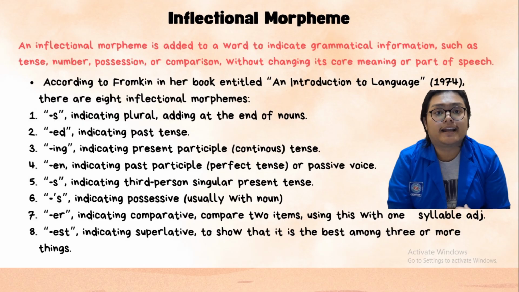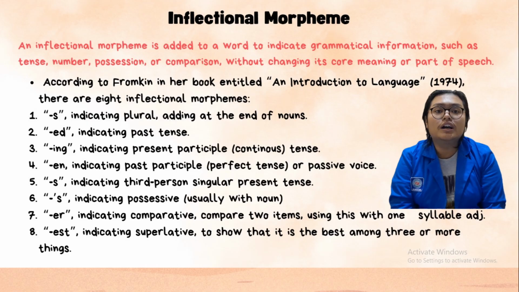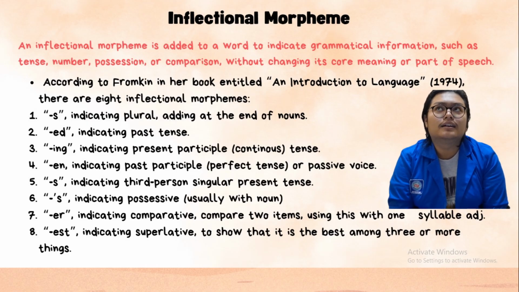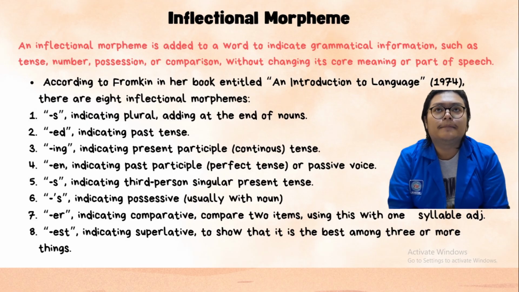First, -s, indicating plural, added at the end of nouns, for example students, books, etc. Second, -ed, indicating past tense, like walked, studied, etc. Third, -ing, indicating present participle, continuous tense, for working, walking, drinking, studying, etc. Fourth, -en, indicating past participle, perfect tense or passive voice: broken, eaten, etc.